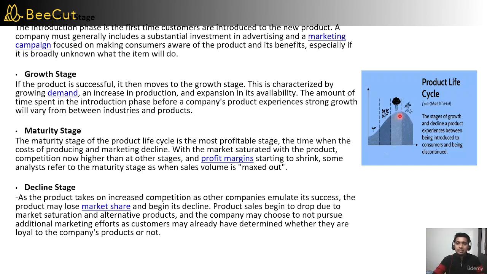So at this stage, we see a decline in the sales. At this stage, the company may take a decision to launch an alternative new product, or stop the production of that product, or continue it. That's basically in the hands of management decision, although it depends on the business strategy. But this is the last stage, at which the sales start decreasing and the profit is also very little.